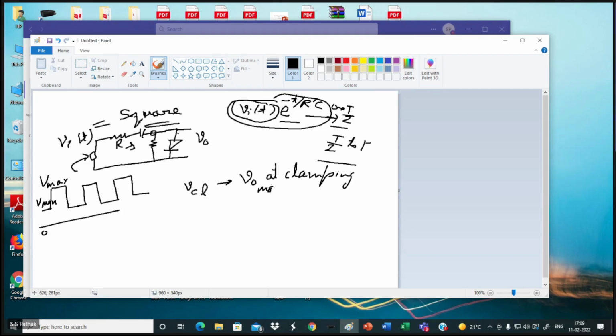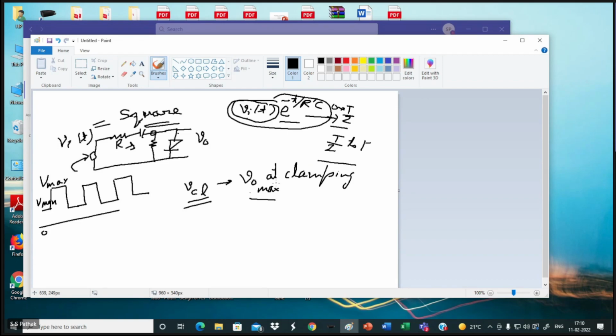At clamping, what is V naught maximum? Because for DC we are clamping the maximum value to 0. So V naught at clamping will be given by this voltage VCL. Will this clamping make it 0 or will it remain above that? We have to see that.